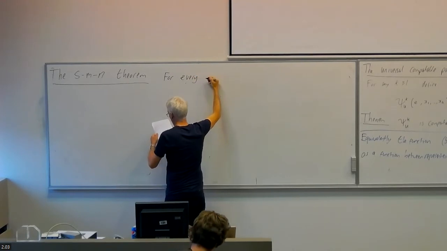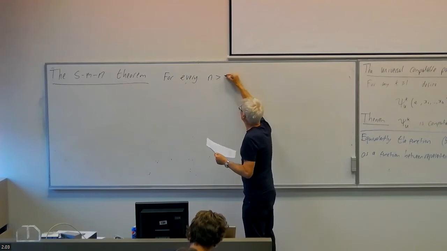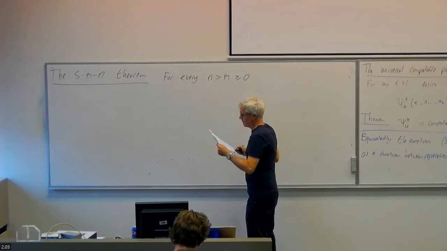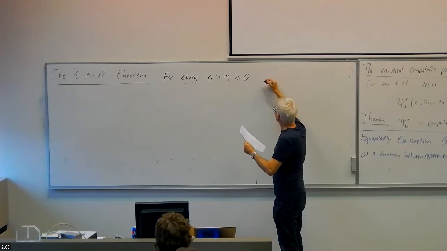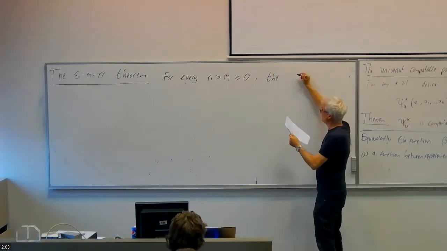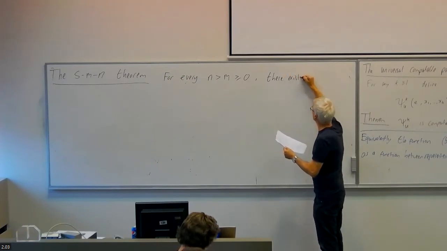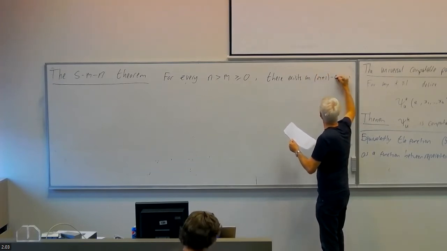So for every, I should think through the strict and non-strict inequalities every time, but I haven't actually done that today, so I shall trust that they're correct. It's certainly correct, but the question is whether it's the most general form. So for every n greater than or equal to m, which is greater than or equal to 0, there exists an (n+1)-ary function.